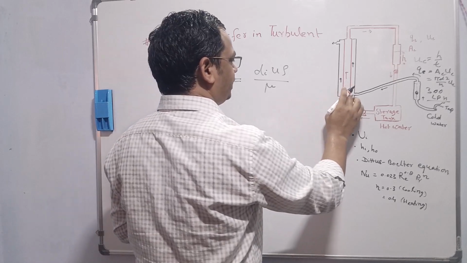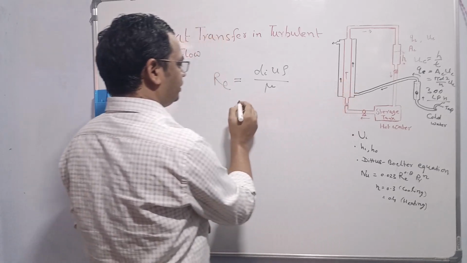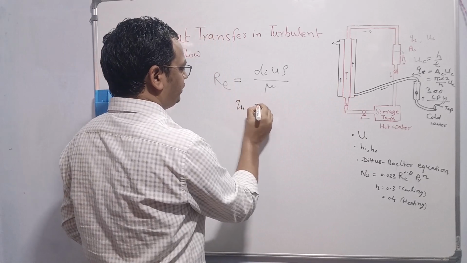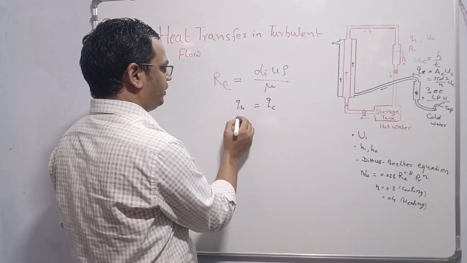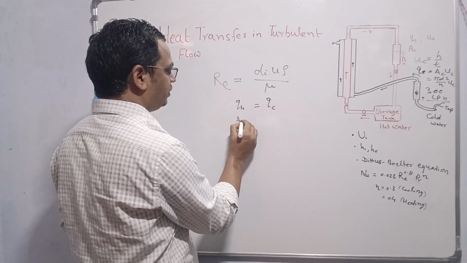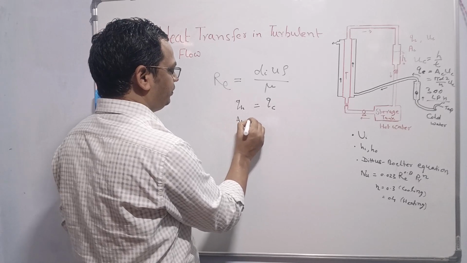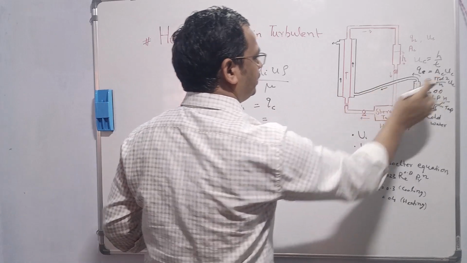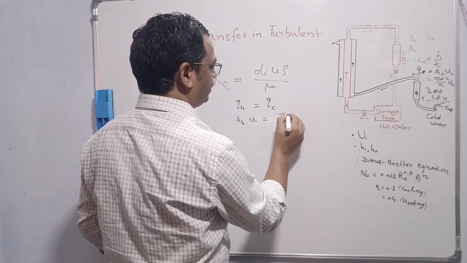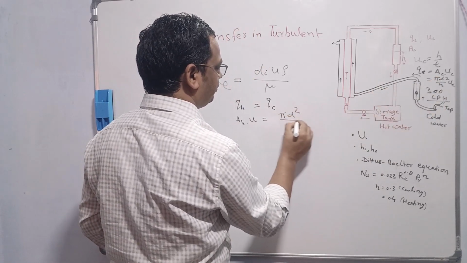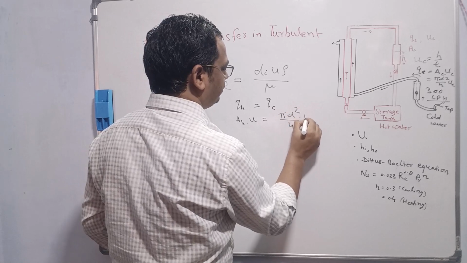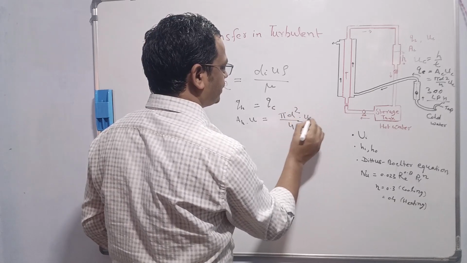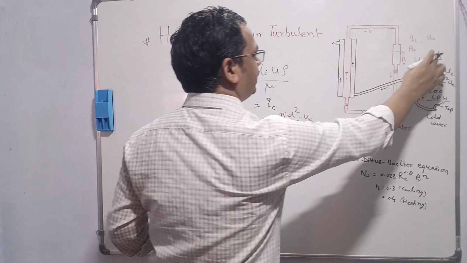Say the volumetric flow rate in the inner pipe is QH, and QH we can write as AH into u, which is equal to pi d square by 4 into uc. uc is nothing but h by t.